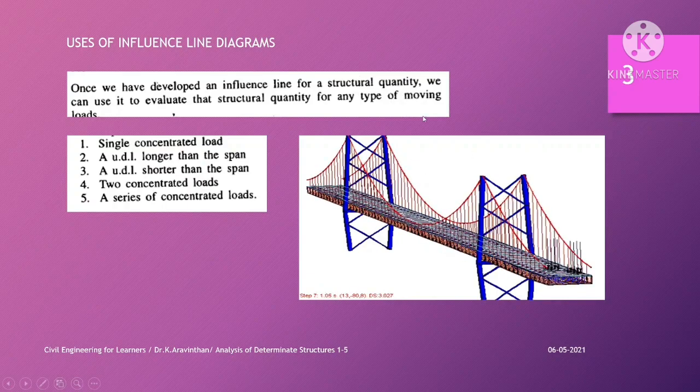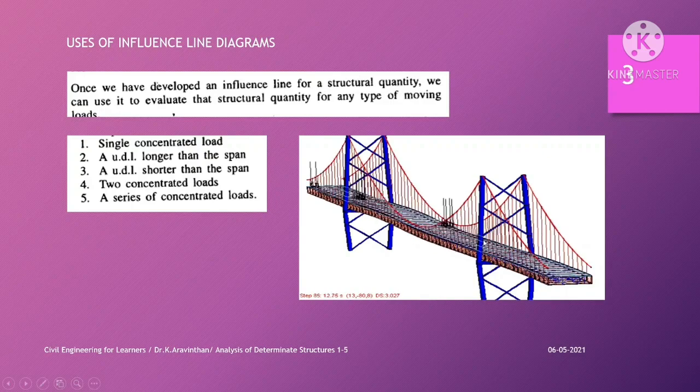In this picture you can see the moving load is not a single load, it might be due to multiple vehicles. There are two supports and a beam. This beam is subjected to multiple point loads. For each and every wheel there will be a point load.